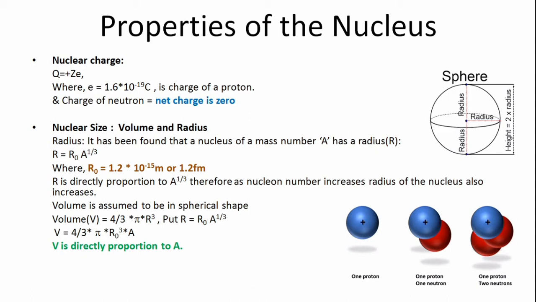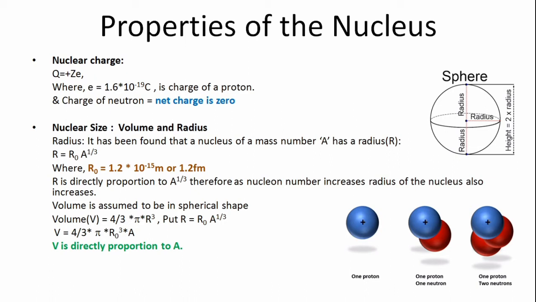That means, if I have proton number Z, then the nuclear charge is Ze, where e is the elementary charge and its value is 1.6 into 10 power minus 19 coulomb.